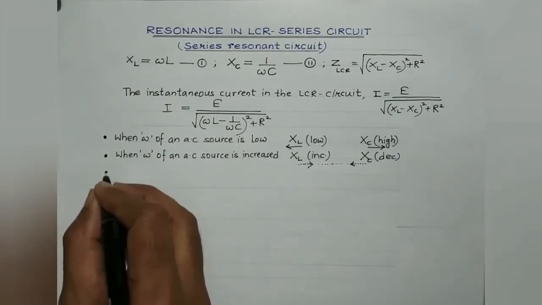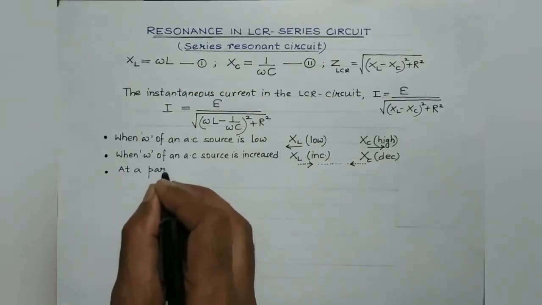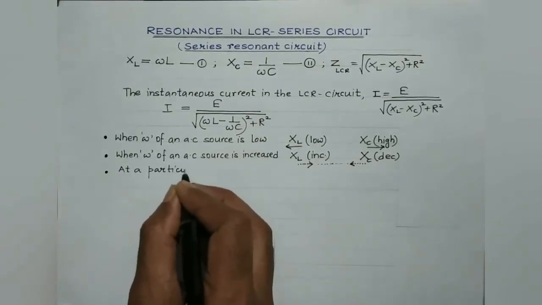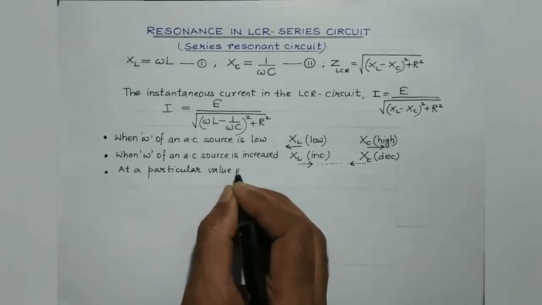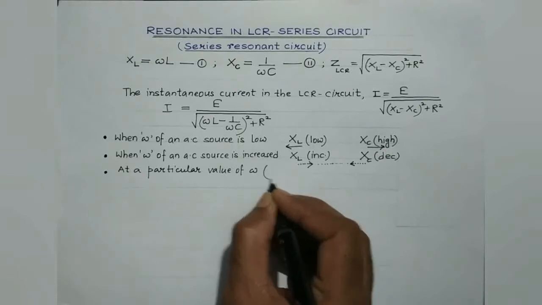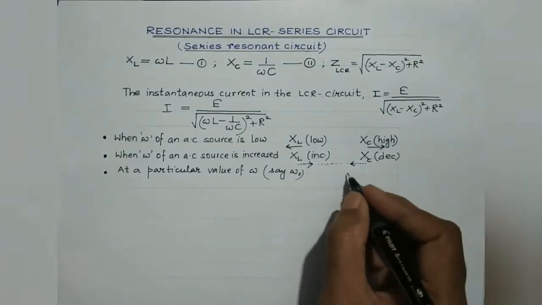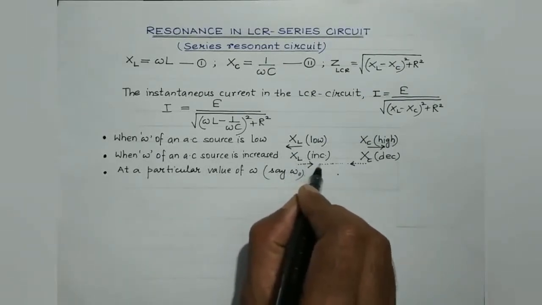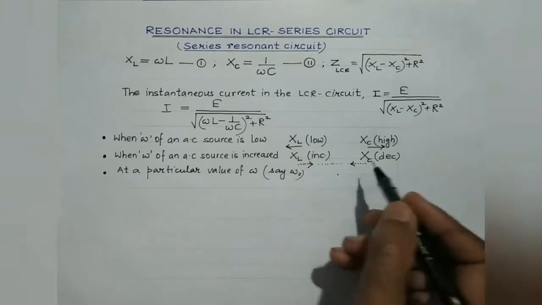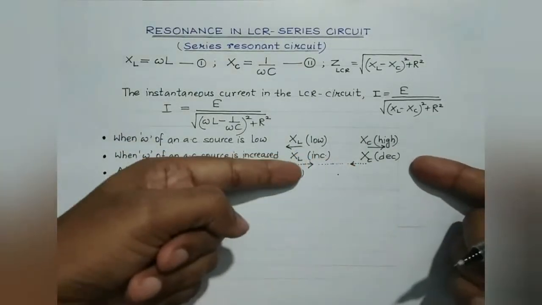So third point is, at a particular value of omega, say omega naught, with the increase in omega, XL will start increasing, XC will start decreasing.